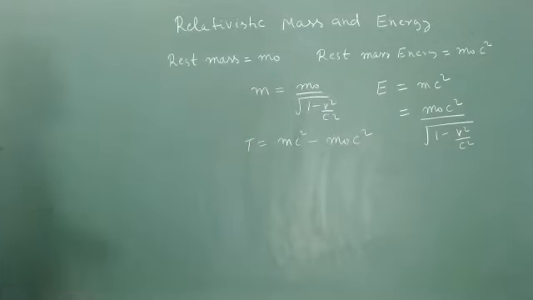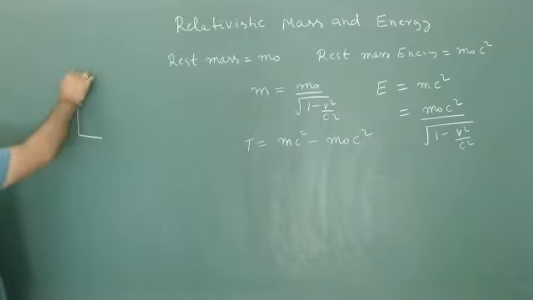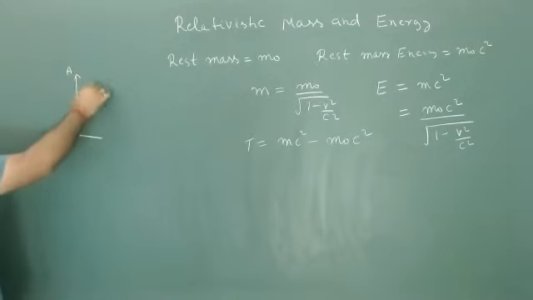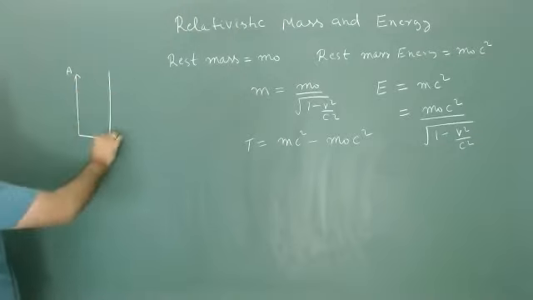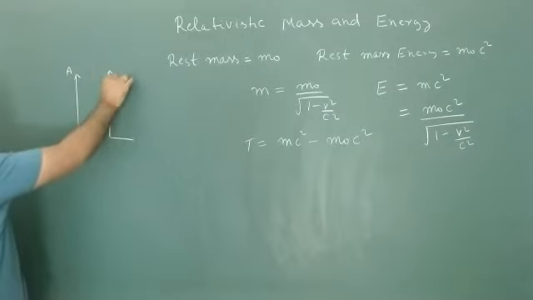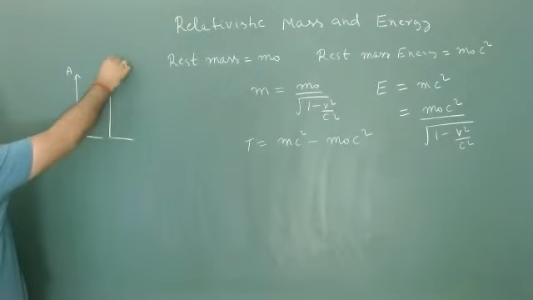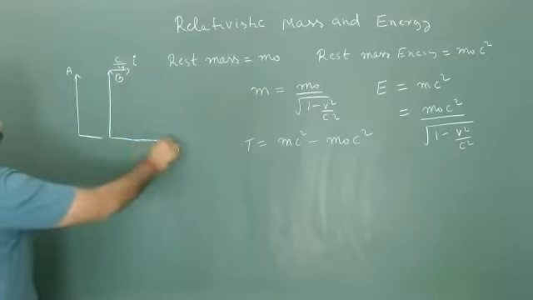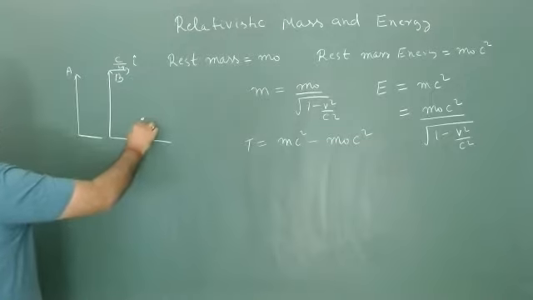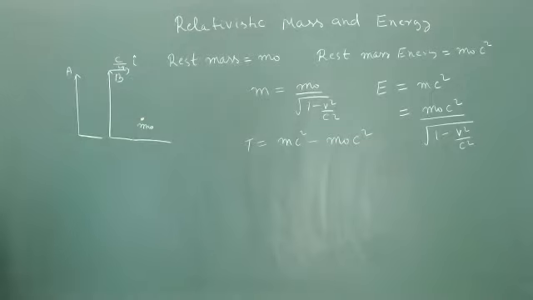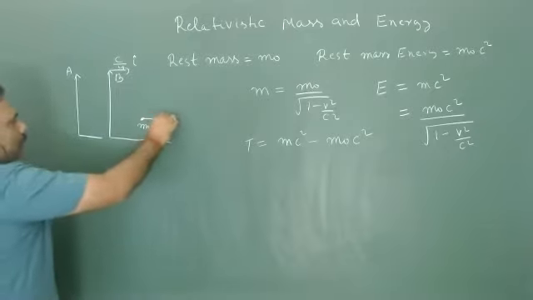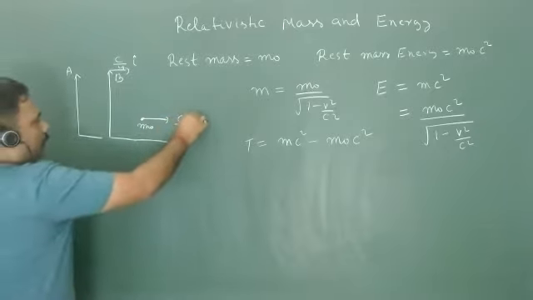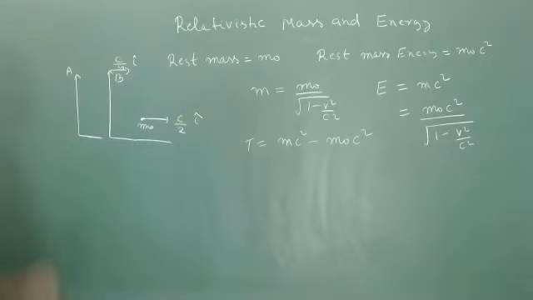We have a frame A, and this is an inertial frame. The other frame is frame B, and frame B is moving with respect to A with, let's say, c by 4 in the i cap direction. There is a particle of rest mass m naught which is moving with speed c by 2 in the i cap direction with respect to the B frame.